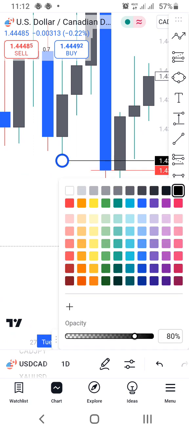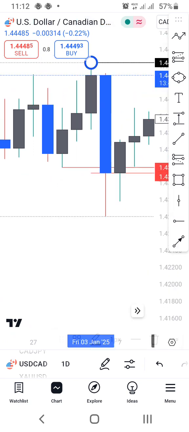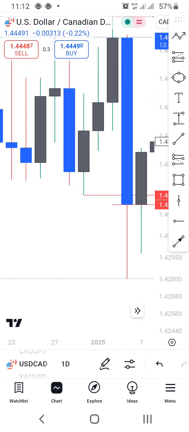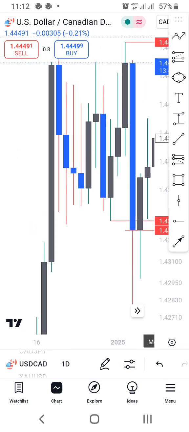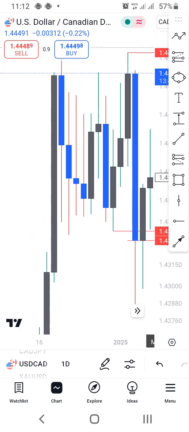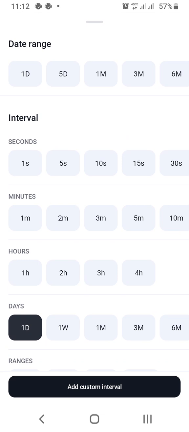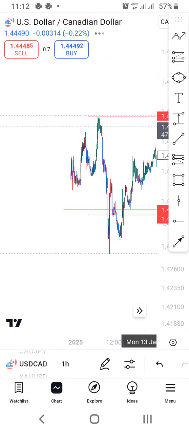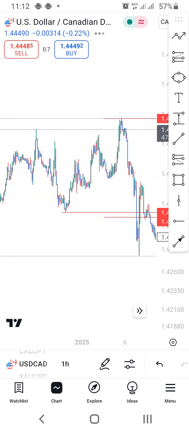After that being done, we are using daily, we shall shift down to H1. After shifting down to H1, looking for what?